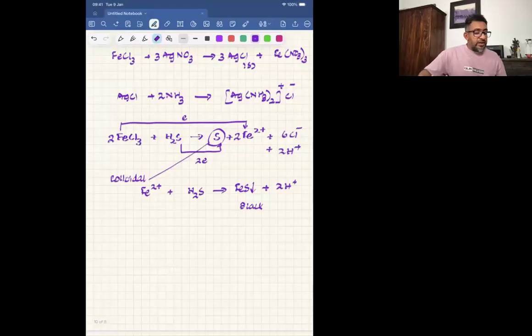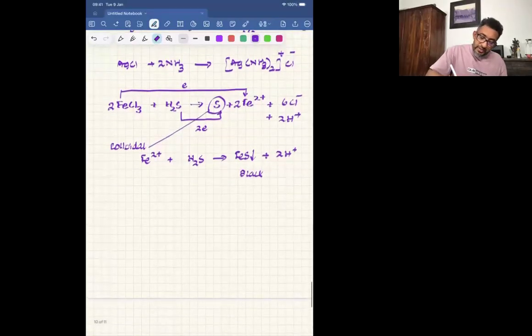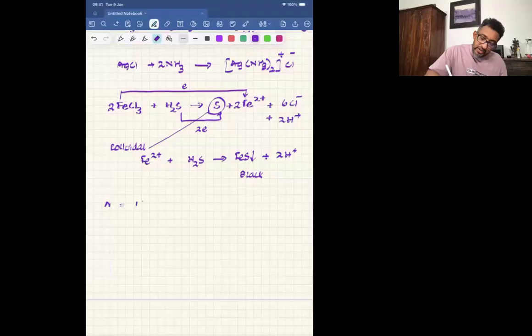Write the complete electronic configuration of A. What is the complete electronic configuration? 1s2, 2s2, 2p6, 3s2, 3p6, 4s2, and then 3d6, iron.